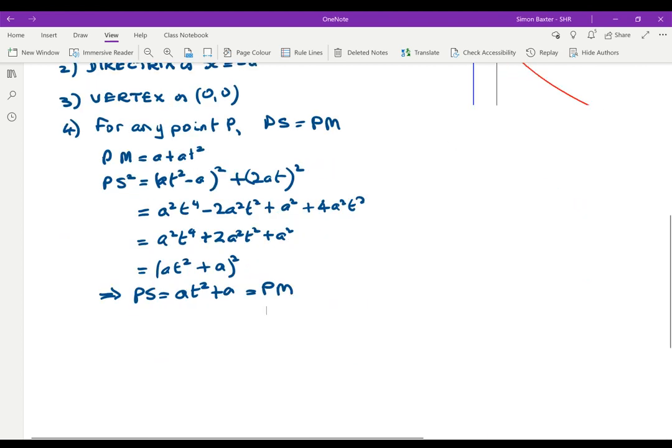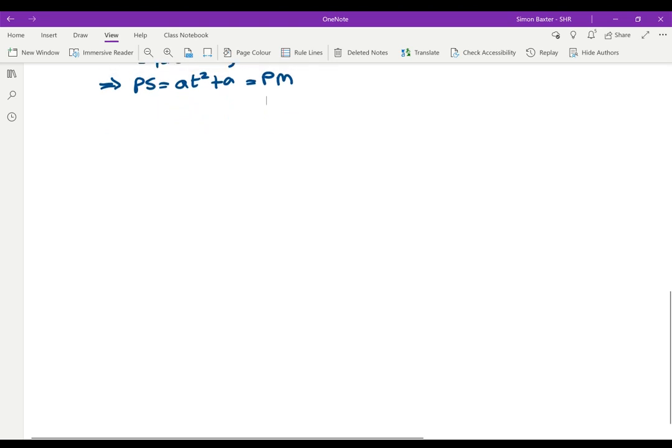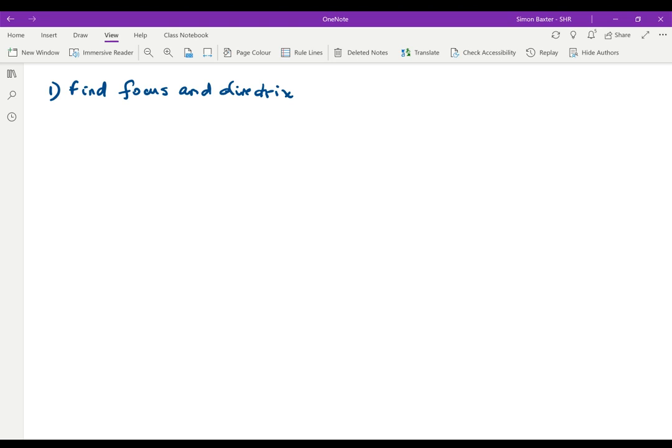Okay, let's look now at one or two very simple examples. Firstly, let's find the focus and directrix of the parabola y squared equals 28x.